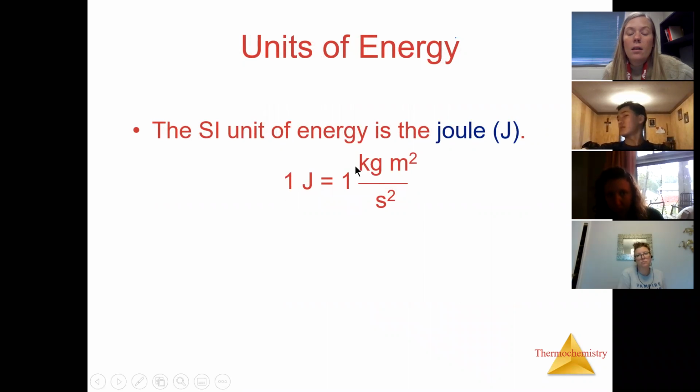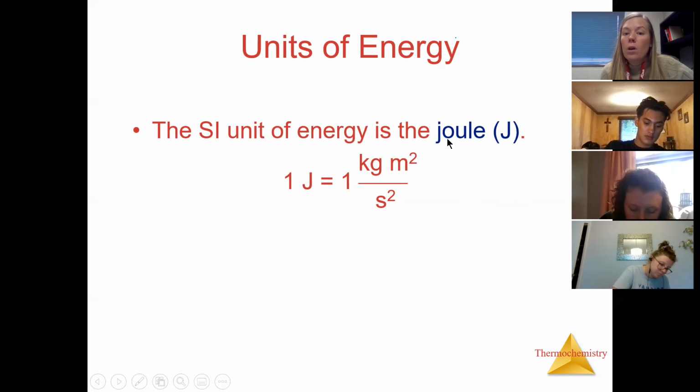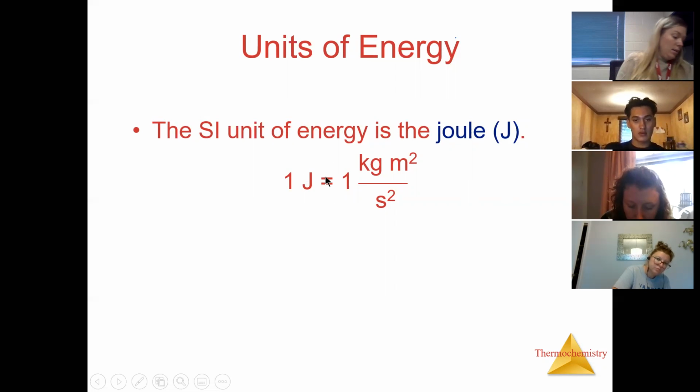So we've got the kilogram times the meter squared over the second squared. And this is sort of wordy and difficult to write, so we can actually reference one of these as a joule. And you've probably heard of a joule before. Energy is measured in joules. The joule, named after James Joule, is a 1-to-1 ratio between these two things.